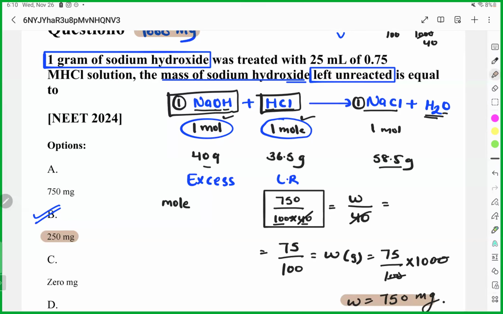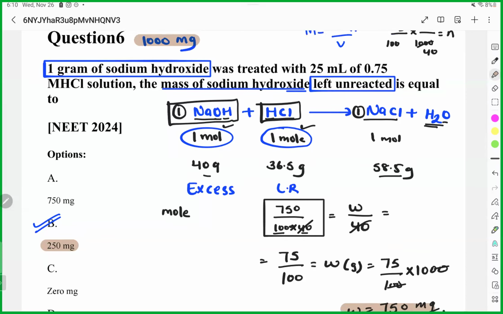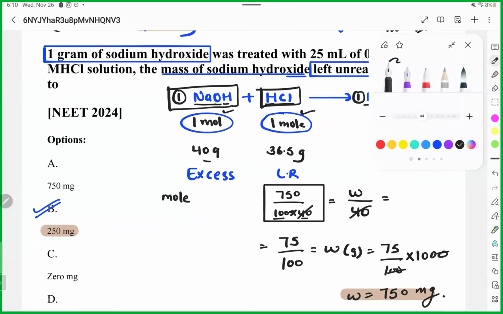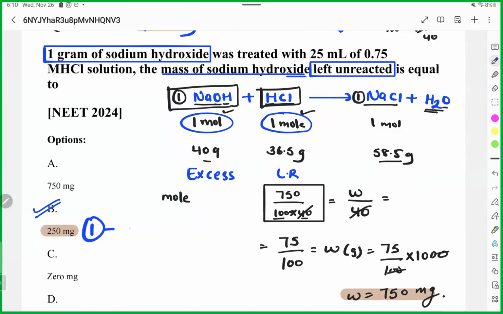So let me give a quick revision of what happened in this case. Because it looks lengthy, we have to summarize this. Step one, calculate HCl moles. Step two, the number of HCl moles is exactly the same as NaOH moles.